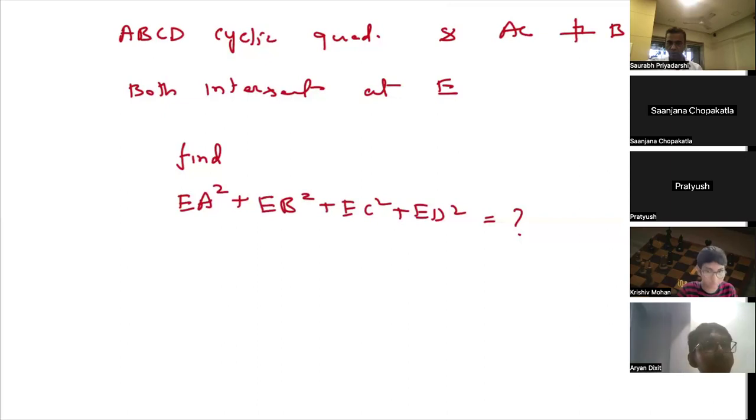Sir, in what form do we have to find it? In terms of R. R is the radius. Okay. The radius of the circle is R, then find this relation in terms of R, the radius.